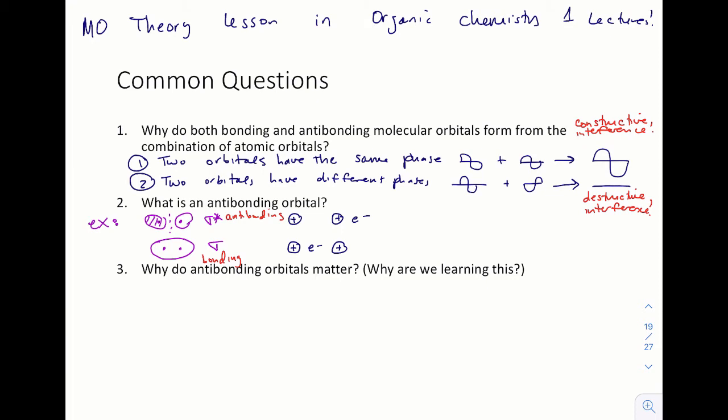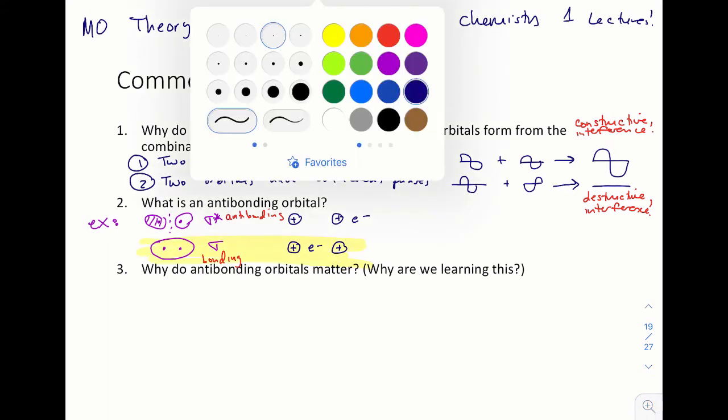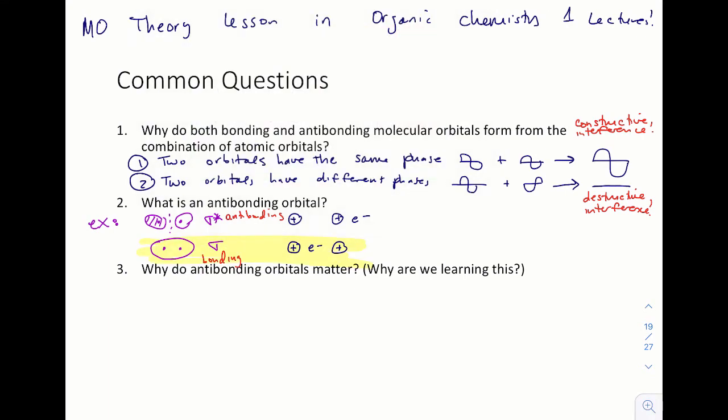We can represent those two scenarios like this. Let's look at the bonding orbital first. In the bonding orbital, the electron being between the two nuclei serves to pull those two nuclei towards itself, pulling the nuclei together. That is the definition of a bond.